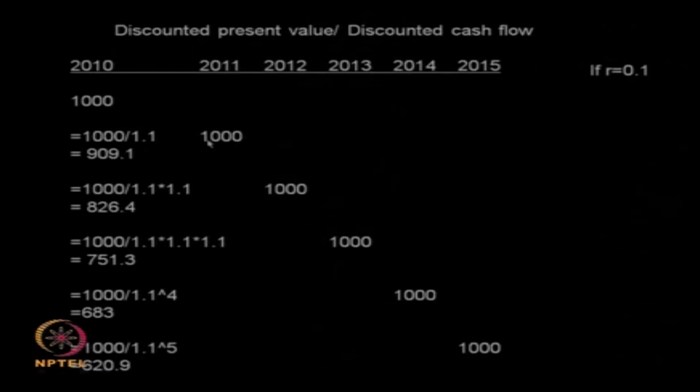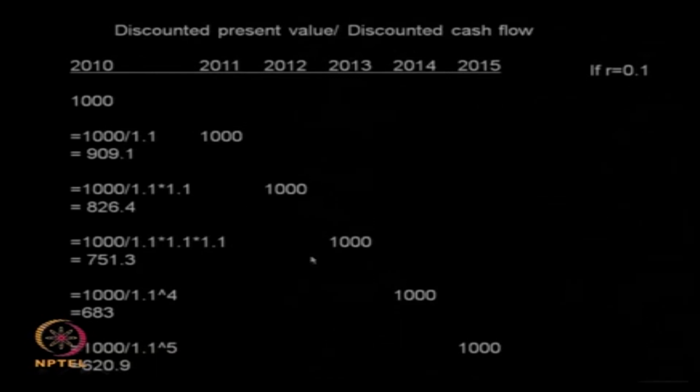And if somebody is telling I will give you 1000 rupees in 2011, that is equivalent to having 909.1 rupees today, because a 1000 rupees in 2011 has lost its value because of inflation, because of interest rates, because of decrease in purchasing power. So a 1000 rupees in 2011 is not same as a 1000 rupees in 2010, and it has reduced based on the formula of 1000 divided by 1 plus r, where r is equal to 0.1.